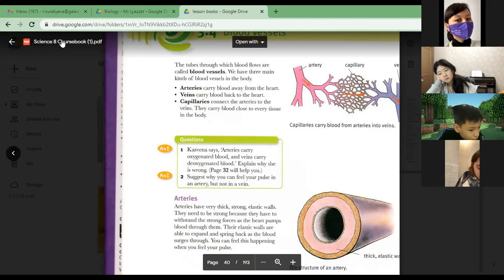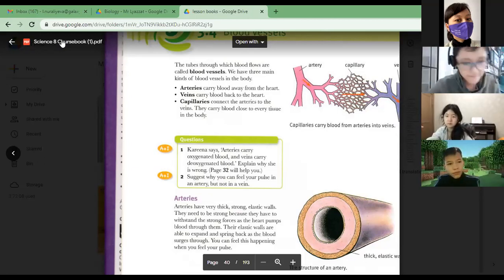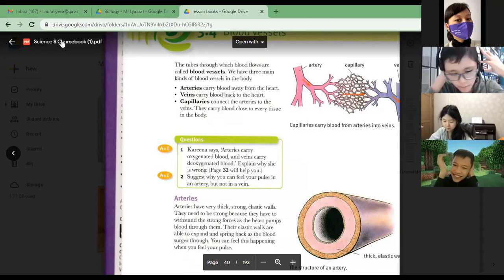Could you hear some voice, some sound? I did. This is blood flow. You see how strong it is and how high the pressure is. So this is arterial pressure, and it gives pulse to the body.